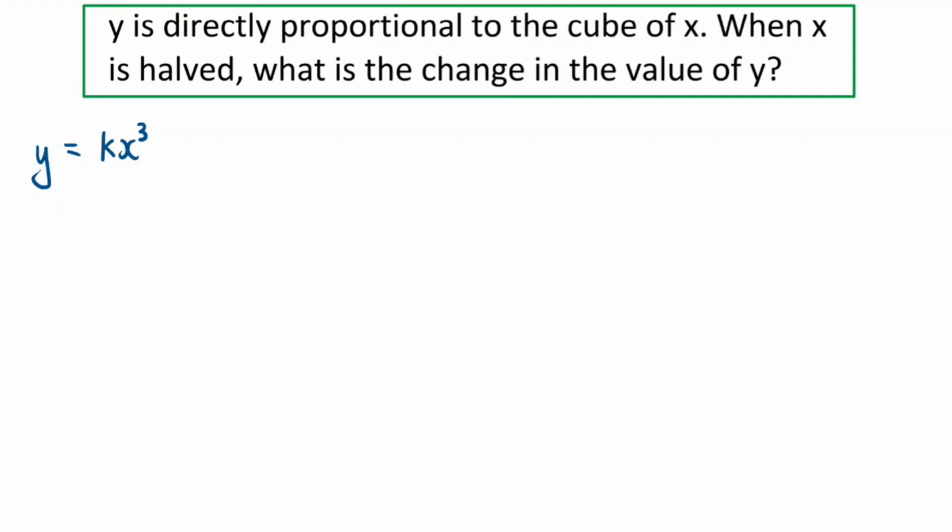Then I'll define a few variables to make solving this question a bit easier. The first one would be x1, which is our original value of x, and y1, which is the original value of y.